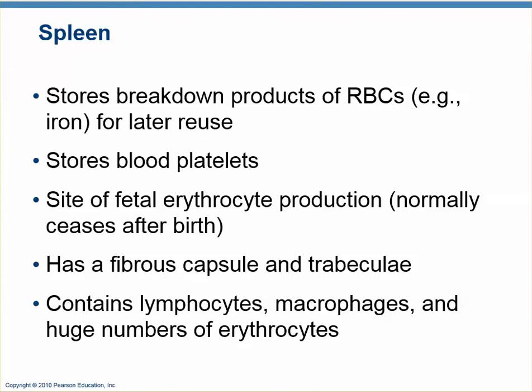The spleen has the outer capsule and the trabeculae. There's lymphocytes, macrophages, all of that the same as the lymph nodes. However, there's a lot of red blood cells because it's dealing with blood, not lymph.